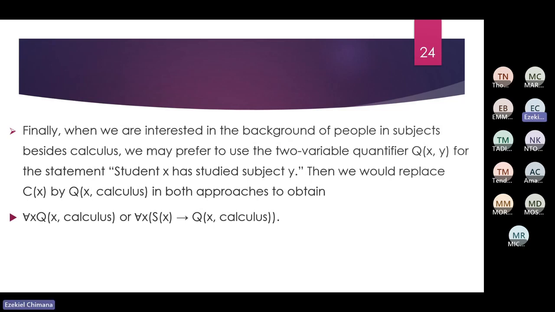Finally, when you are interested in the background of people in subjects besides calculus, we may prefer to use two-variable quantifiers. There is the X and then there is Y in our domain. For the statement that student X studies subject Y, we would replace C(x) by Q(x, calculus).